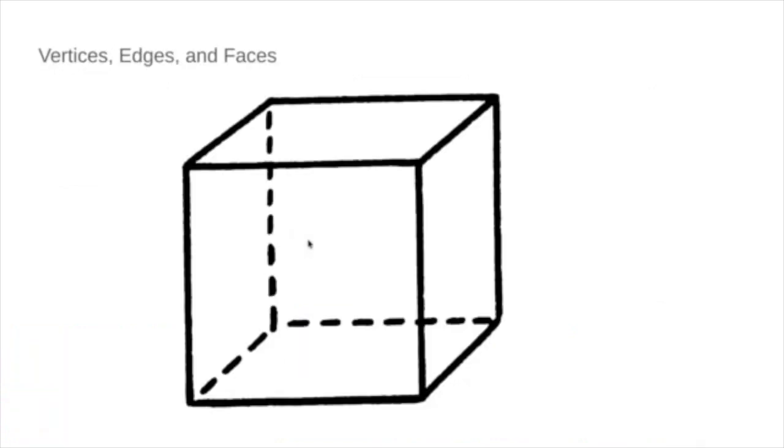Next, we're going to talk about the vertices, edges, and faces. This is something else that they need to know. I do have 3D shapes in the classroom that the kids get to hold and manipulate and count all the faces and the edges and the vertices. So a vertex is all of the corners.